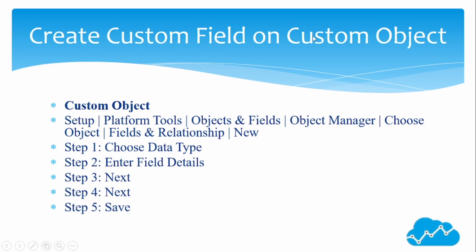Create custom field on custom object. What are the steps we have to follow for creating a custom field for a custom object? Click on setup, platform tools, objects and fields, object manager, choose object, fields and relationships, click new.